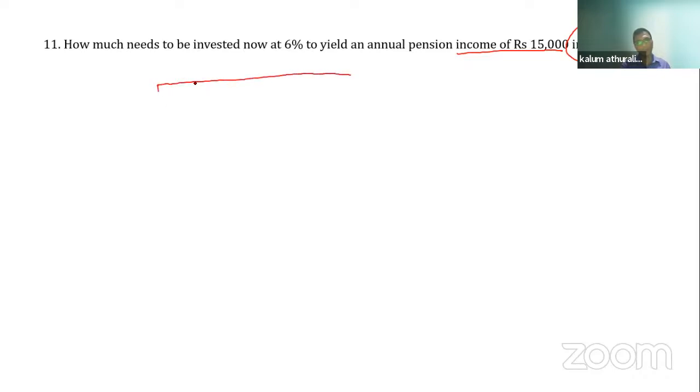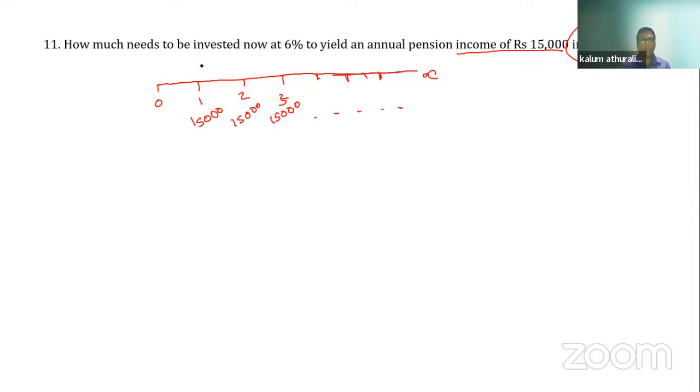Those payments have no end: 1, 2, 3, 4, 5, 6, up to infinity. No end. It's forever. 15,000 every year, forever. There's no end.